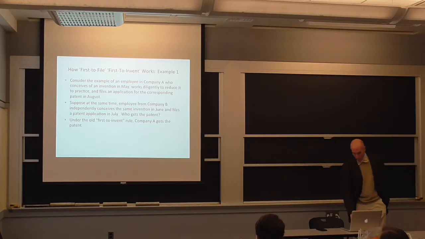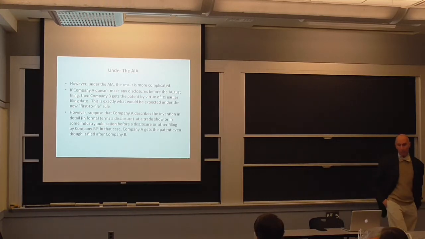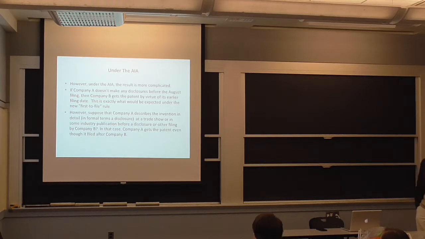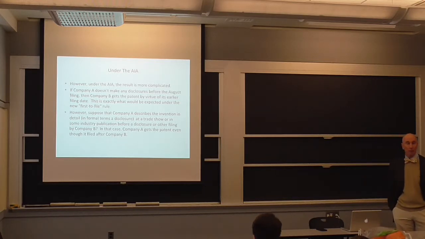But under the new first inventor to file, the outcome is a little different. If company A doesn't make any disclosures before the August filing, then company B gets the patent by virtue of its earlier filing date. And this is exactly what you'd expect under a first-to-file rule.